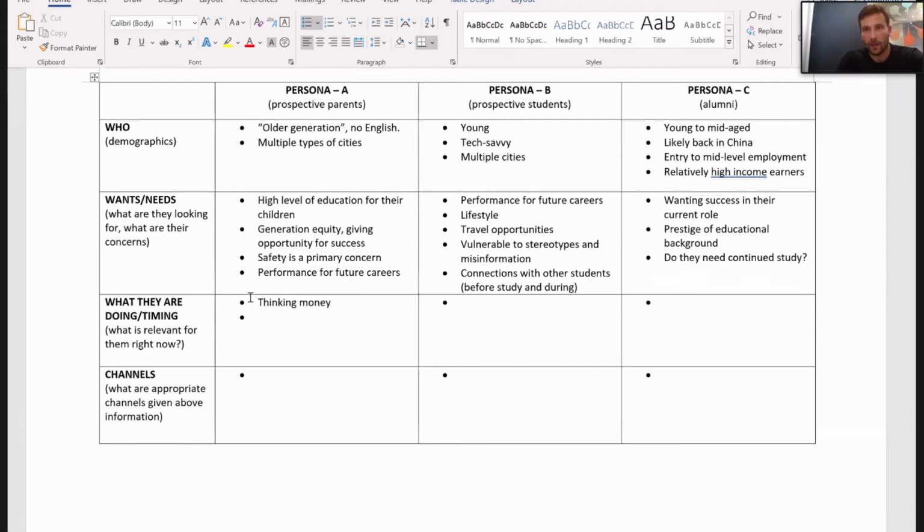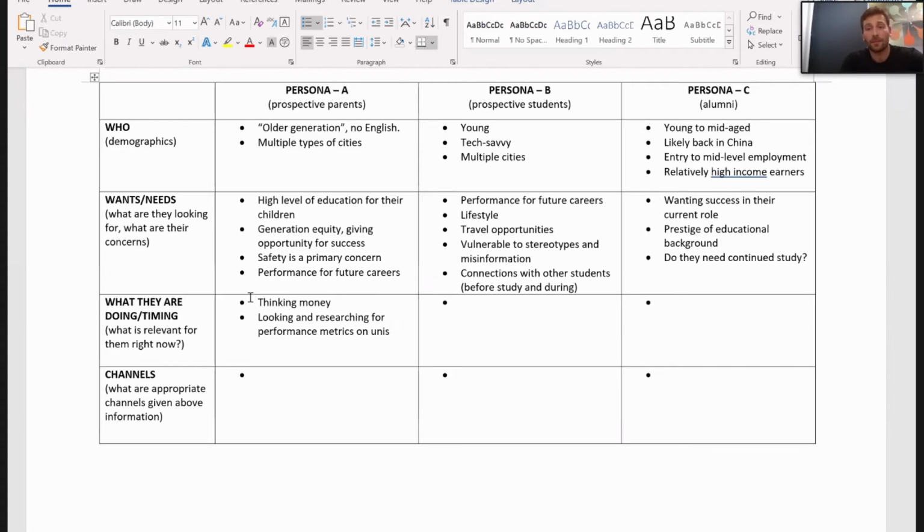What else are they thinking about? I guess it comes vaguely back to the wants and needs. They're looking at performance. So they're looking for metrics. They're looking for ideas. So they're looking and researching for performance metrics on unis. They're looking up rankings. They're looking up chat boards.